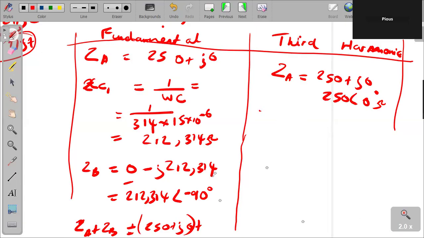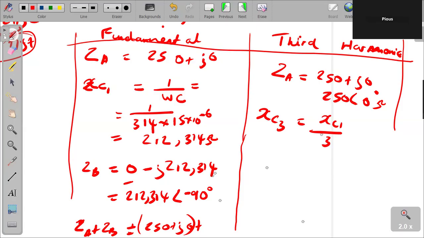XC3 is going to be given by XC1 divided by 3. That's how it works for capacitive reactance: we divide it by 3.